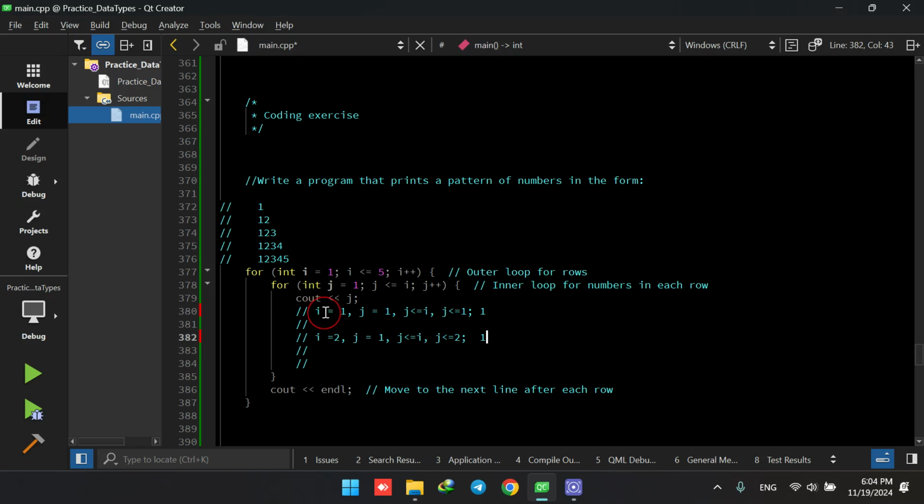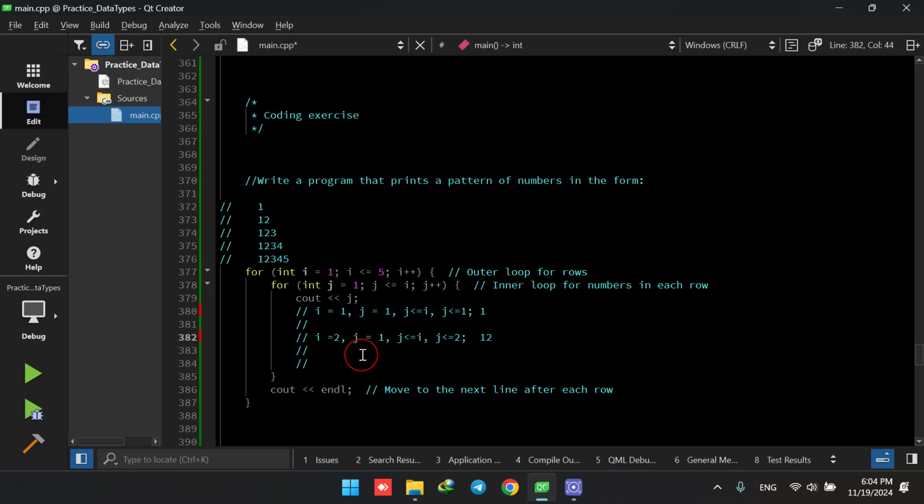And then it goes to the inner loop again. It increments the value of j, and j will become 2. 2 is still lower than or equal to 2 as the condition here, so it enters the loop again and prints the value 2.